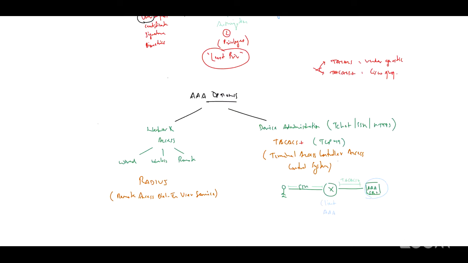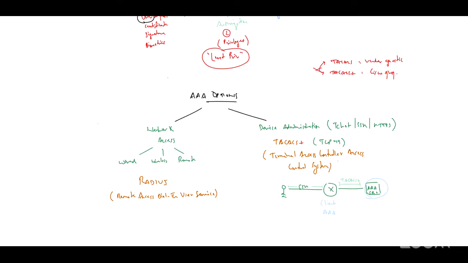For now, just understand, especially in TACACS Plus, it is always going to be the AAA client, your network device, which an admin or engineer is trying to access over telnet, SSH, or HTTPS. This router could be a switch, load balancer, firewall, or any other device. It will always act as a AAA client.